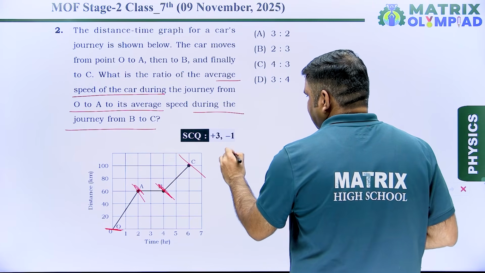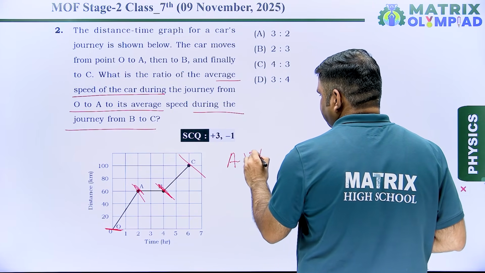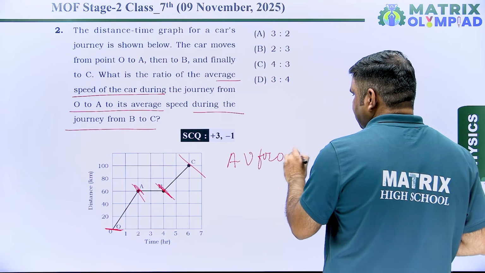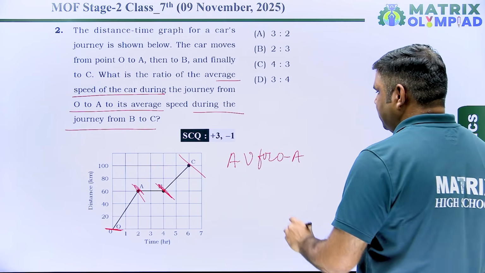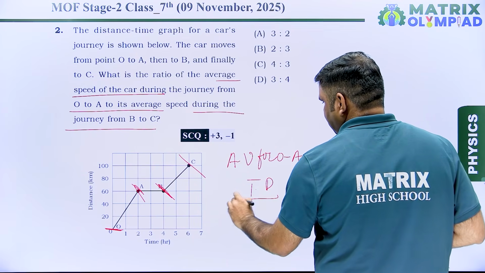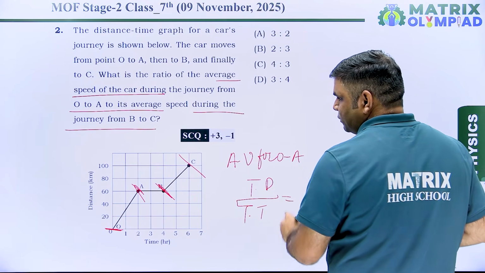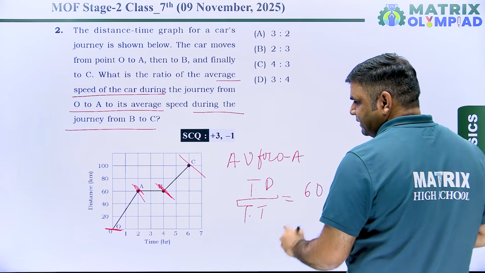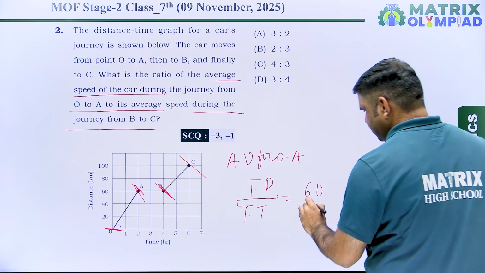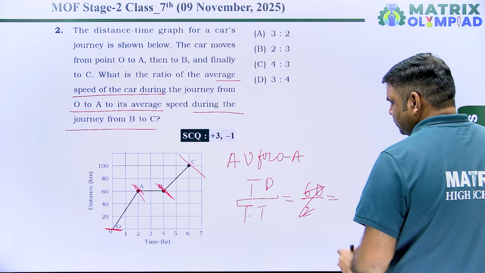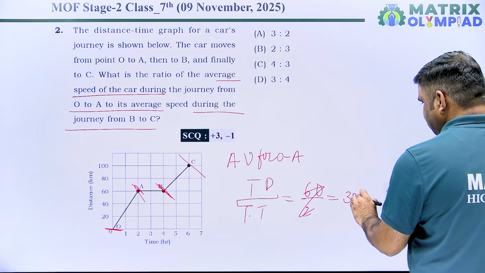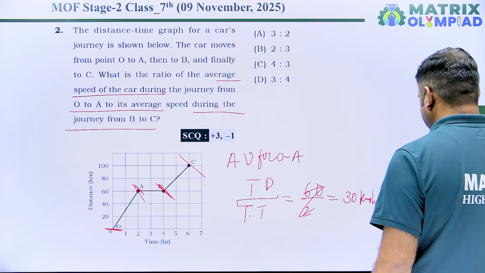First, the average speed for O to A is total distance traveled divided by total time. The total distance is 60 and the time taken in hours is 2, so 30 km per hour.